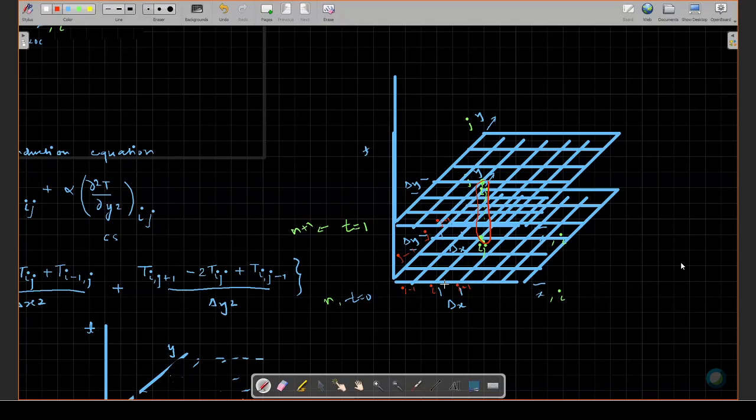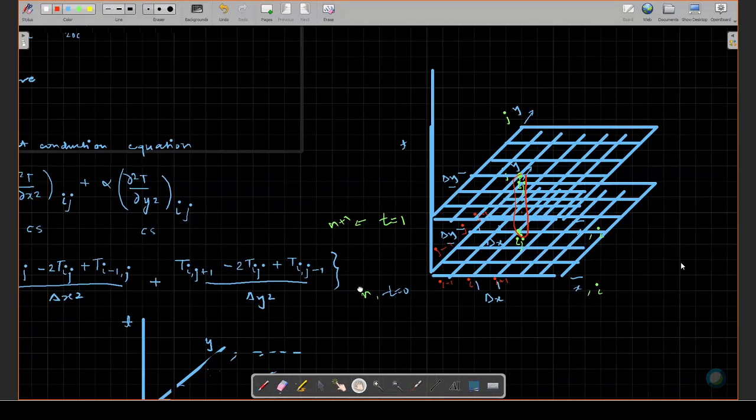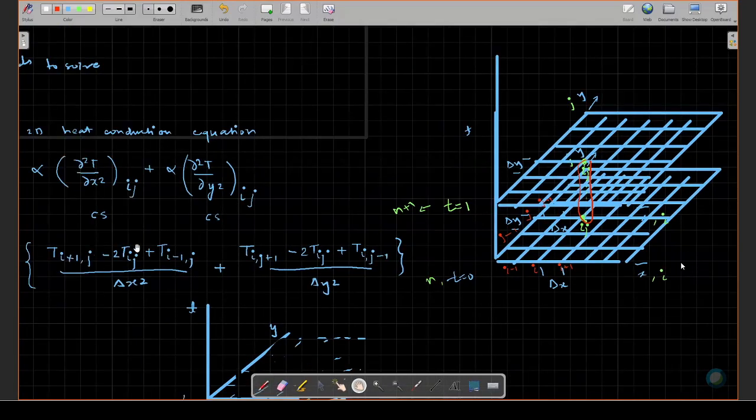So in x square, in this case we are taking i plus 1, ij and i minus 1. I plus 1 j is this point. So essentially we have this point and this point. In the space, in the x direction, we are taking these points.